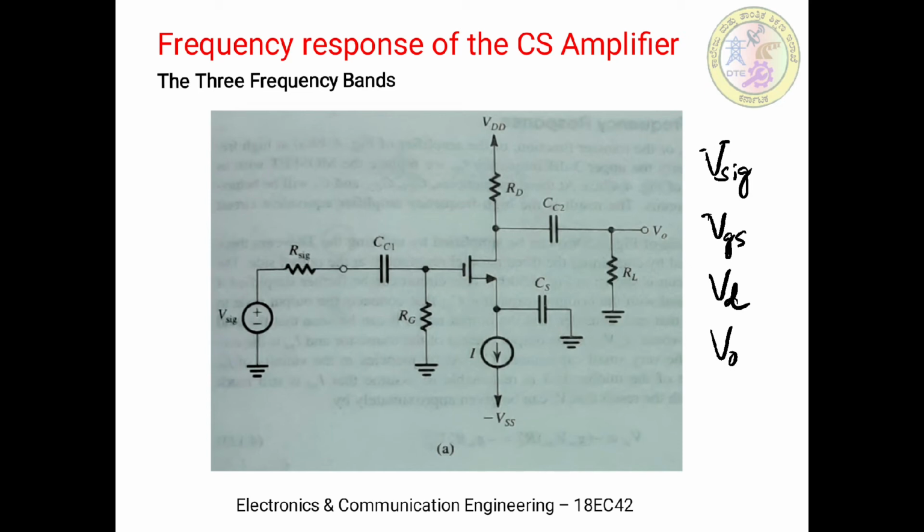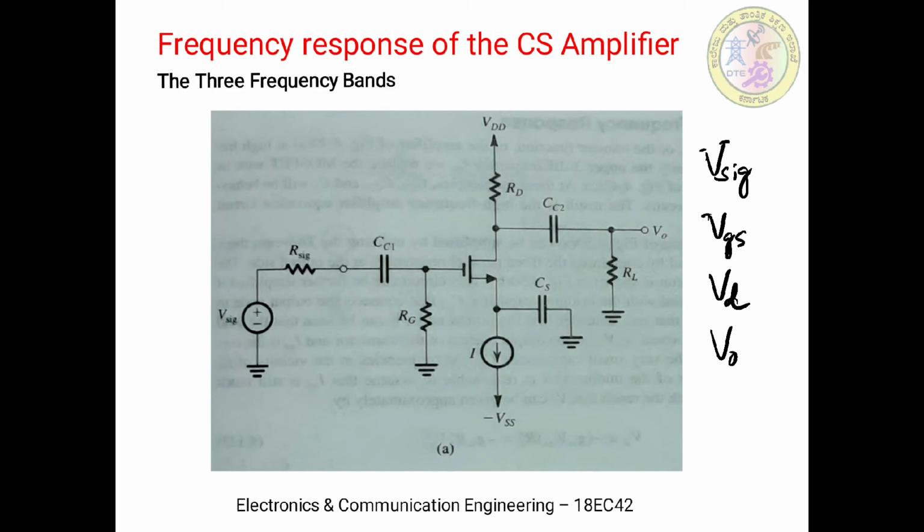Now in the previous analysis we also used a common source amplifier, but it was assumed that the coupling capacitors CC1, CC2 as well as the bypass capacitor were acting like perfect short circuits at the signal frequencies. Also all the internal capacitances like CGS, CGD, whatever we just calculated, were neglected while drawing the small signal model and while deriving the expressions.